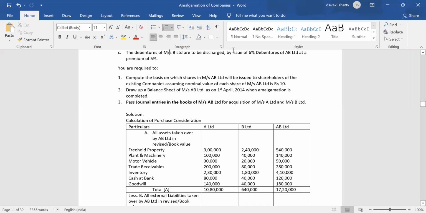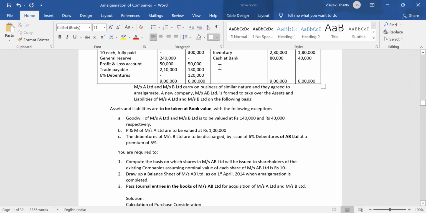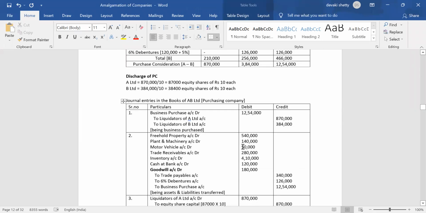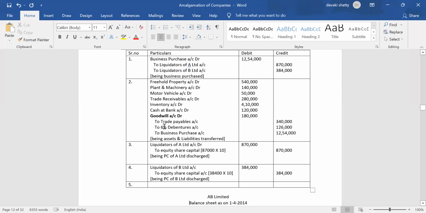The debentures of A versus B limited are to be discharged by issue of 6% debentures in AB limited. AB limited में भी same 6% debenture देने वाले at a premium of 5%. Earlier debenture in B limited was 1,20,000. अभी प्रीमियम ऑफ 5% में AB लिमिटेड में डिबेंचर्स देने वाले. तो यहाँ पे जो डिबेंचर्स है 6% डिबेंचर, ये कैंसल करके नया डिबेंचर्स देने वाले.